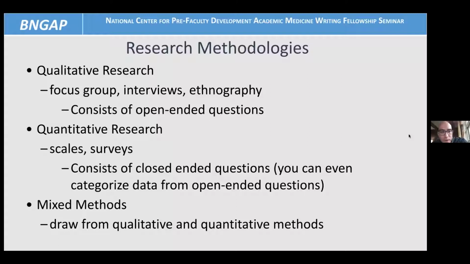We're all familiar with qualitative research, focus groups, interviews, ethnography, things that focus on open-ended questions, as well as quantitative research, more scales, surveys, things that are more numeric, either yes, no, or using some sort of scale that participants could circle or write down, oftentimes very specific closed-ended questions, as well as mixed methods, using both.